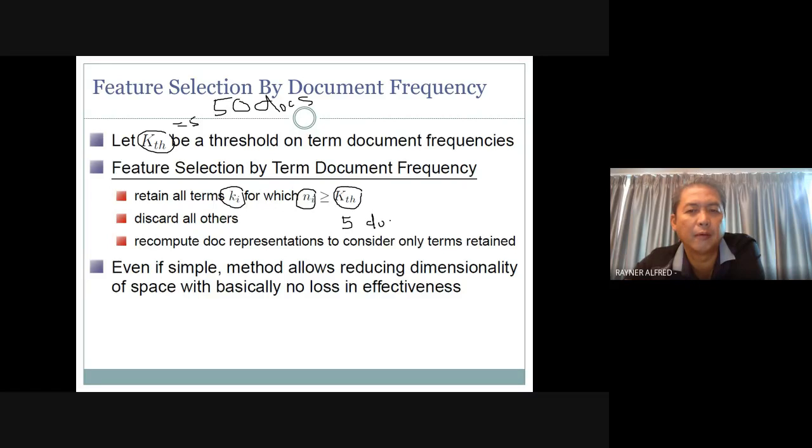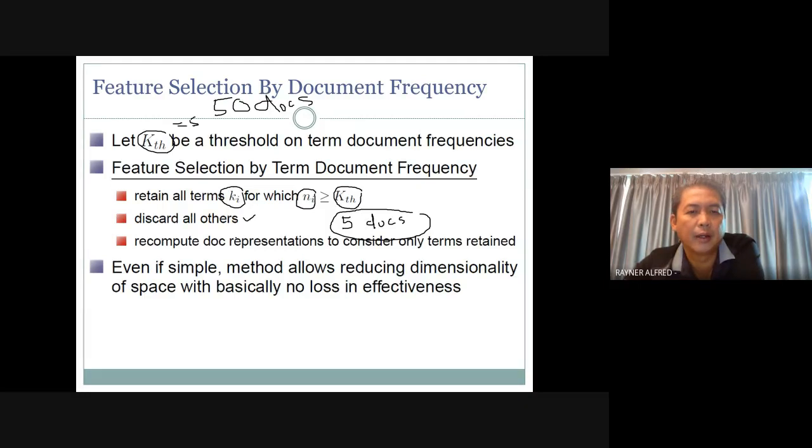So all the keywords that exist in at least 5 documents, we will keep. If you have less than 5, then you will remove them. So we will discard all the others.